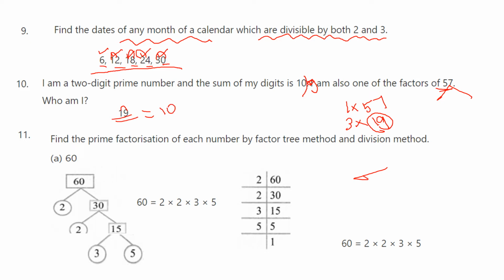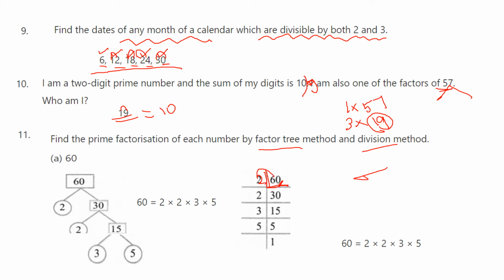Next question. Find the prime factorization of each number by factor tree and division. First we do the division method. So this is 60. The last ones place is 0, so we can divide by 2. 6 divided by 2 is what? 3.